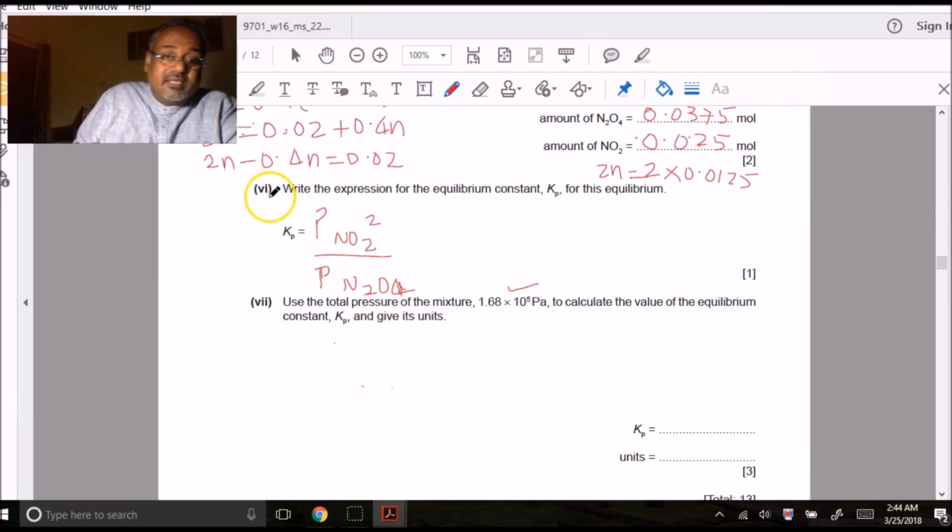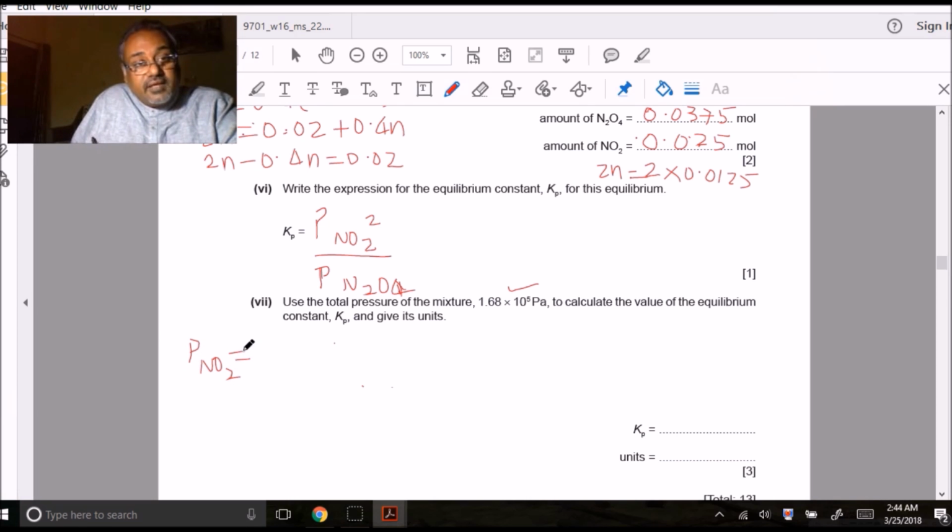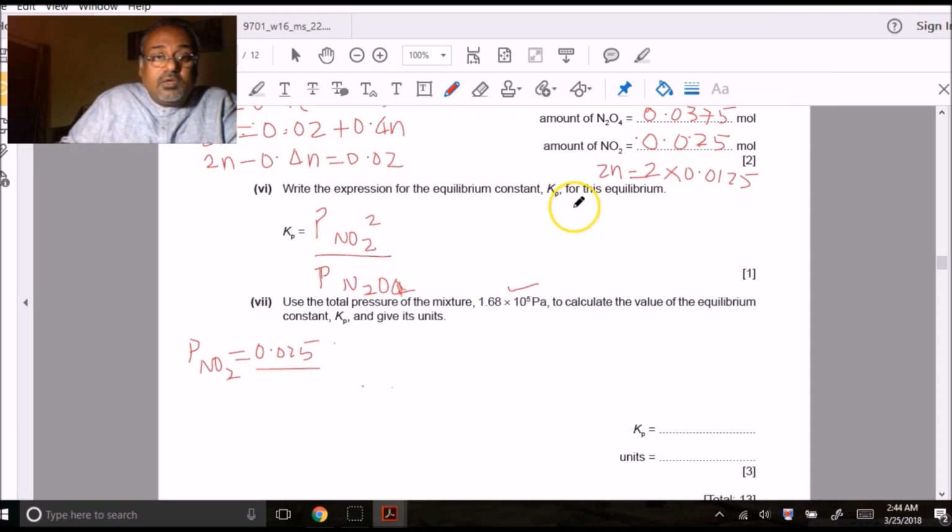Now remember, the Kp expression is here, and this means we need the partial pressure of NO2. Before we do any calculation, I need to find the partial pressure of NO2, which is the mole fraction times the total pressure. The mole fraction is the amount of NO2 at equilibrium, 0.025, divided by the total moles at equilibrium.